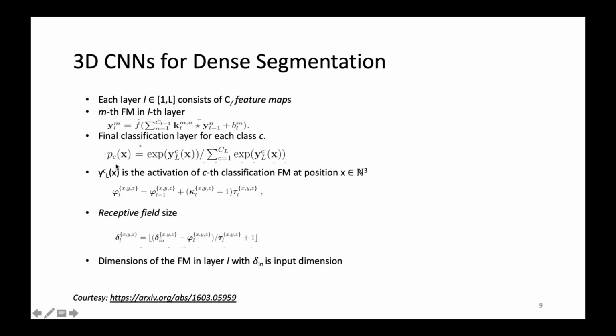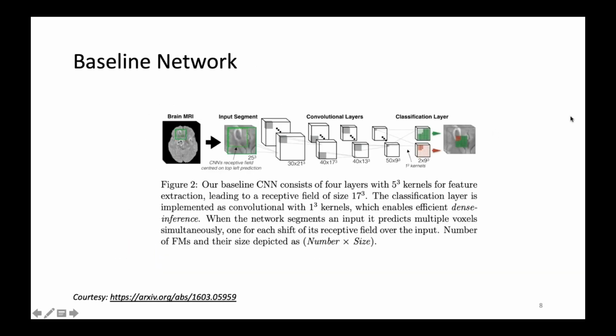The output layer here is a softmax layer, which creates the probability of the classes for which we have to predict the segmentation.